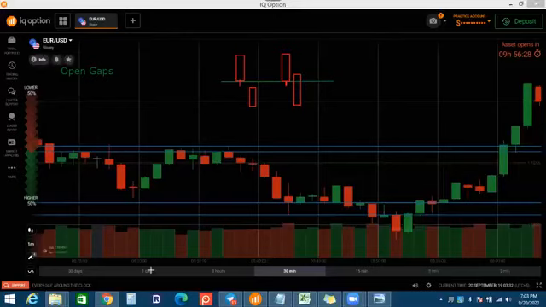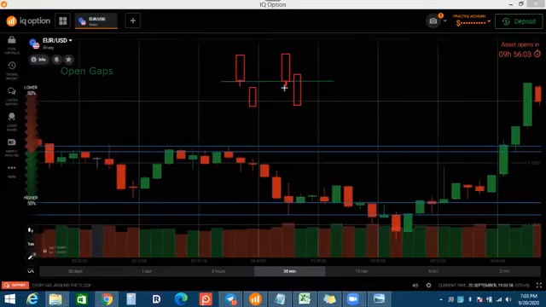If you see on the support level, the red candle closes and there is a rejection from the buyers. If the candle changes the entry point with an open gap down or open gap up, you understand that the sellers will break the level.